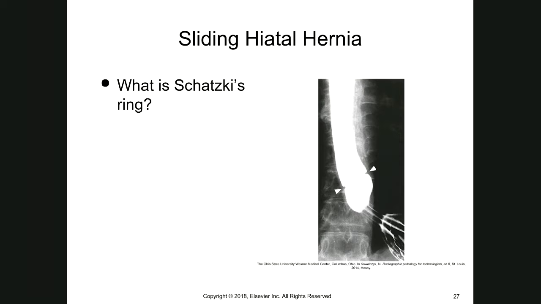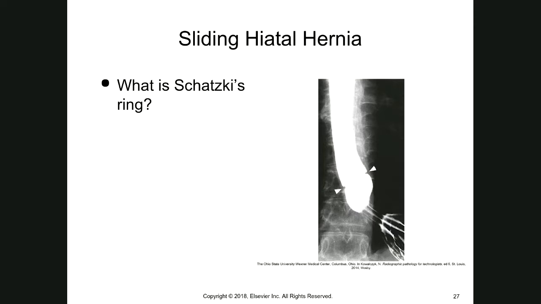A sliding hiatal hernia, again, this is part of your pathologies. This is caused by a weakening of the esophageal sphincter, which is between the esophagus and the diaphragm. The purpose of that sphincter is to keep the cardiac portion of the stomach below the diaphragm and not allow esophageal reflux.